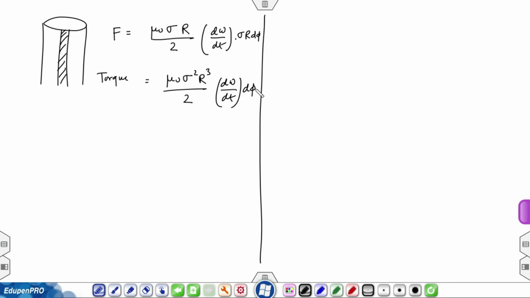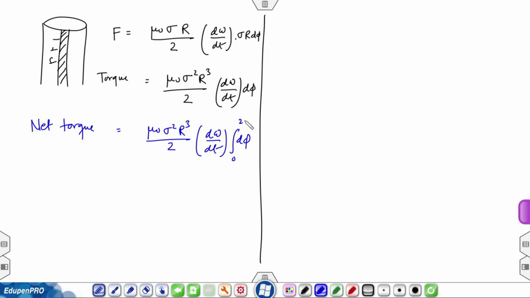Torque on all the strips is the same, and therefore, the net torque is mu naught sigma square r cubed by 2 d omega/dt times the integral of d phi from 0 to 2 pi, which gives me pi mu 0 sigma square r cubed d omega/dt.